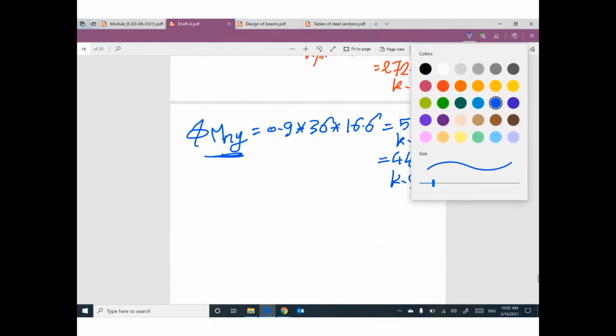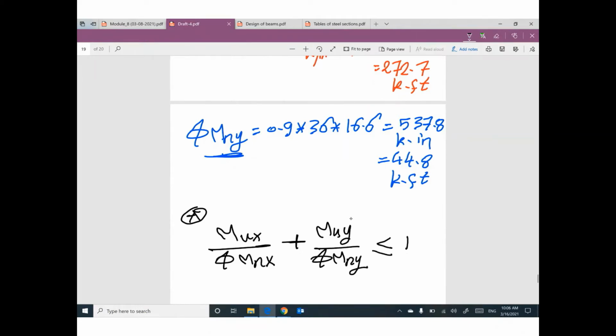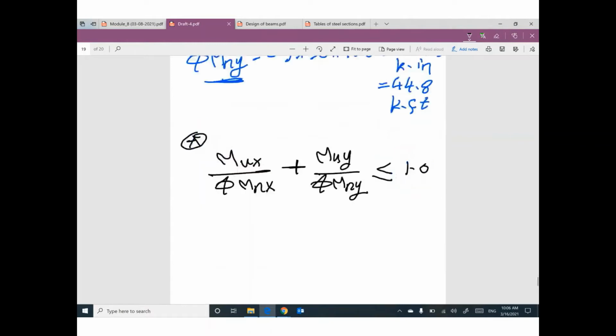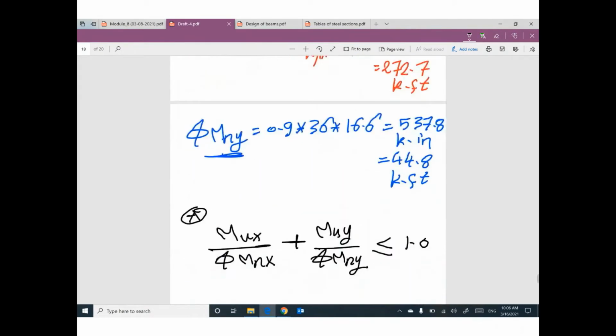The final conclusion, last step: M ultimate x divided by phi Mnx plus M ultimate y divided by phi Mny must be smaller than or equal to 1. Let's see. M ultimate x, 11.7.